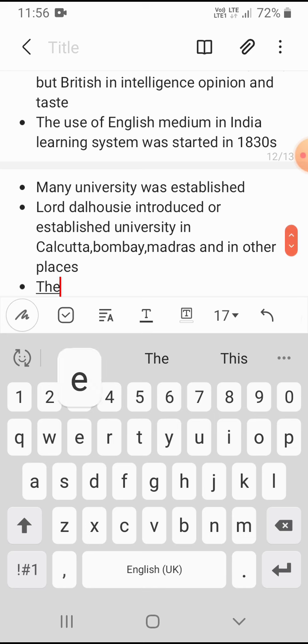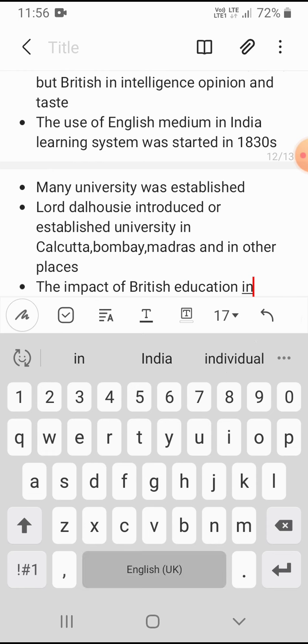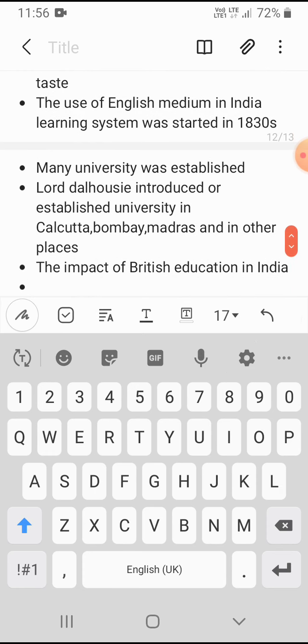So next is the impact of British education in India. So what were the impacts? They ask this also for 2 to 3 marks.